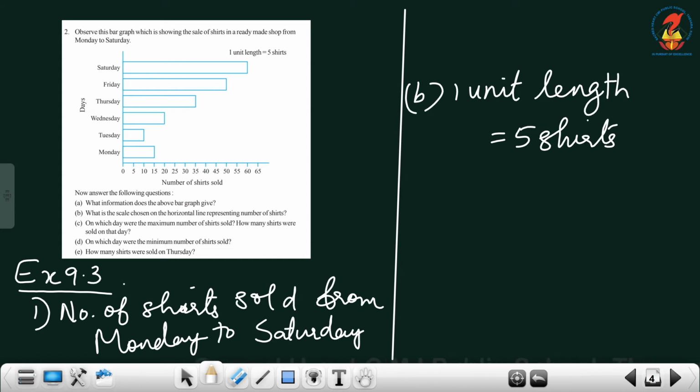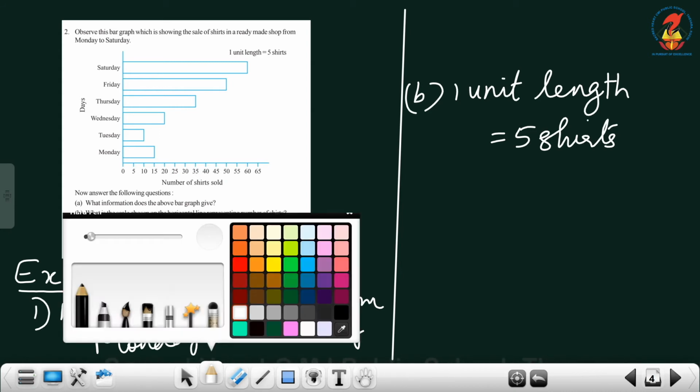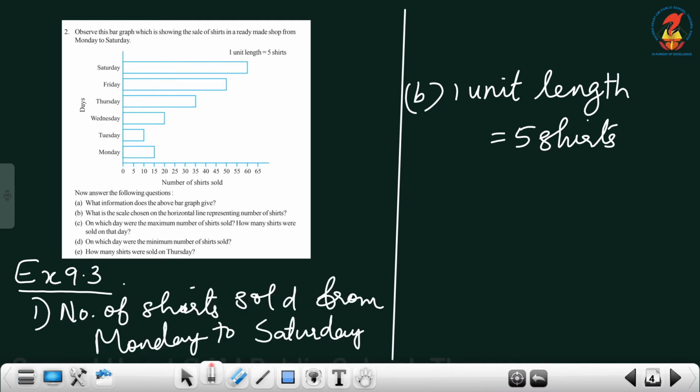What is the next one? On which day were the maximum number of shirts sold, and how many shirts were sold on that day? See, Monday how many shirts sold? 15. Tuesday 10, Wednesday 20, Thursday 35, Friday 50 and Saturday 60.